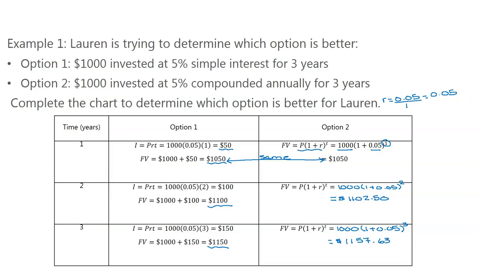So in terms of which option is better, if you invest for only 1 year, it actually doesn't matter because you get the same amount, but for 2 years or more, option 2 is better. You get more interest. So we'll say that option 2 earns more money.